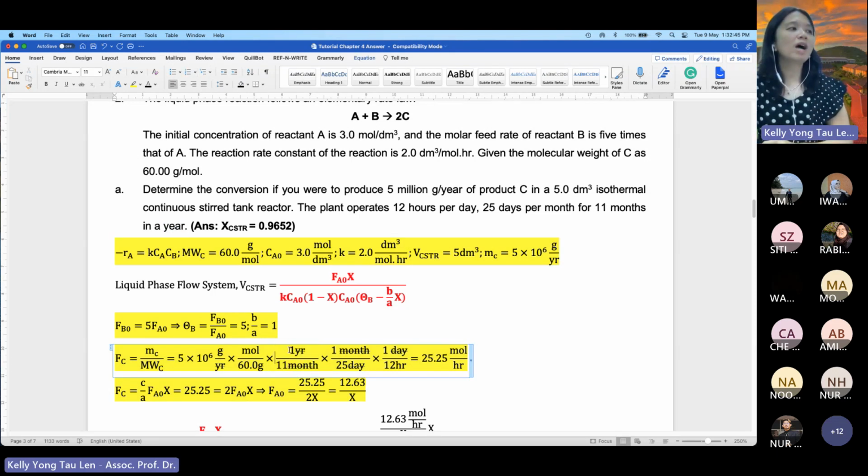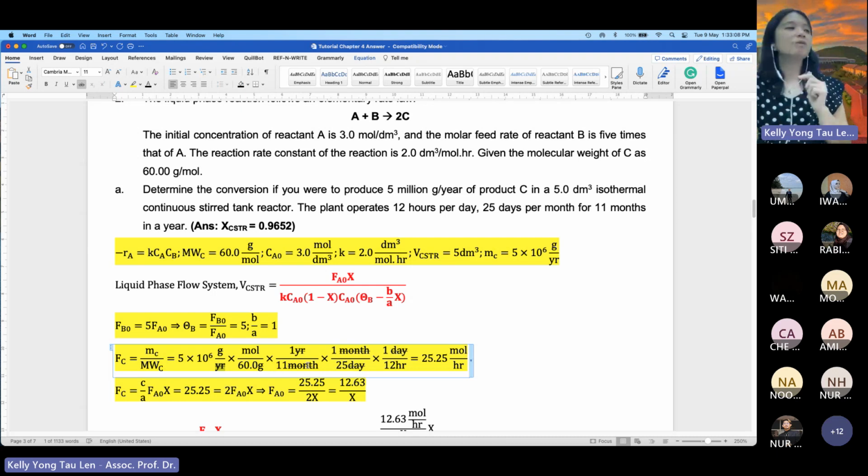Okay, kenapa saya buat 1 year divide by 11 months? Sebab kalau kamu tengok, originally ada 1 year, ada year daripada unit saya pembawah. So saya kena darab year, kena bahagi 11 month per year. Baru saya boleh cancel year and year. Saya sekarang tinggal mole per month.